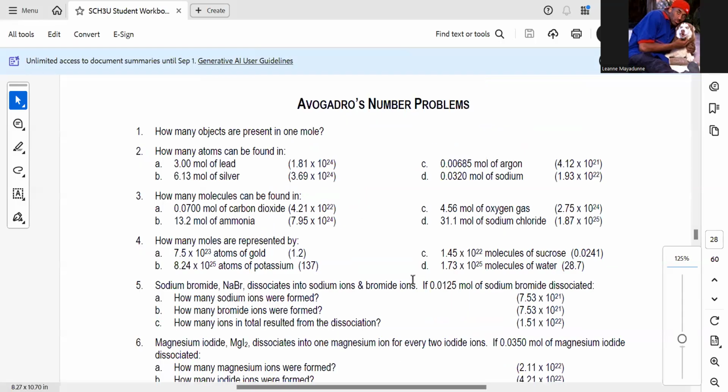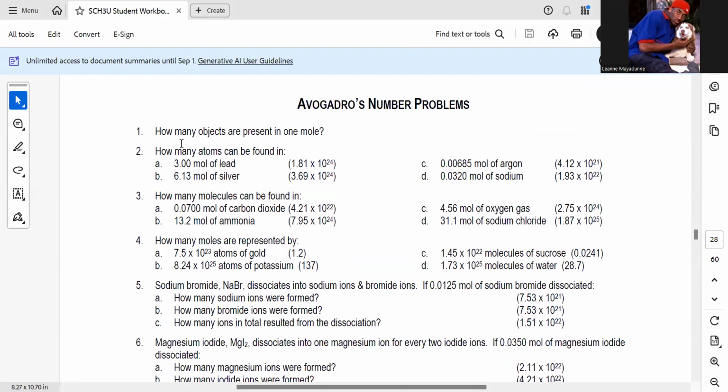Later on, you can solve it. Okay, I took a screenshot of it.